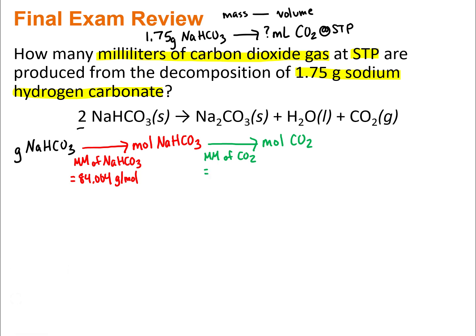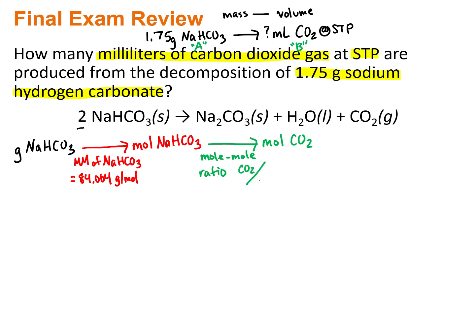I don't know, because that's just where my brain wants to go. We don't need a molar mass. We need a mole-mole ratio. And it needs to be in the form of B over A. B is the compound that we're trying to figure out. We're trying to figure out how much we're making. That's the CO2.